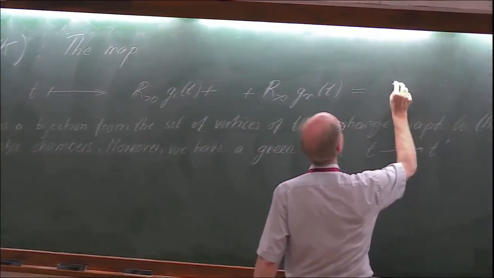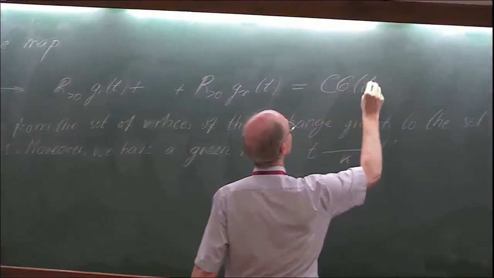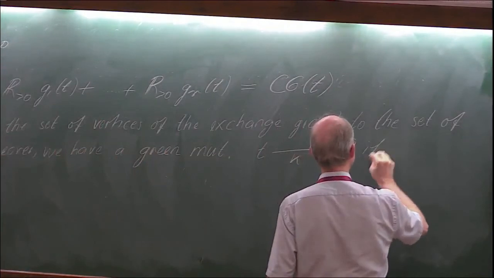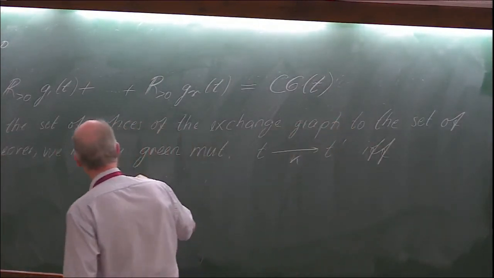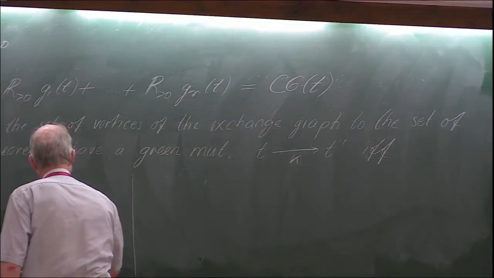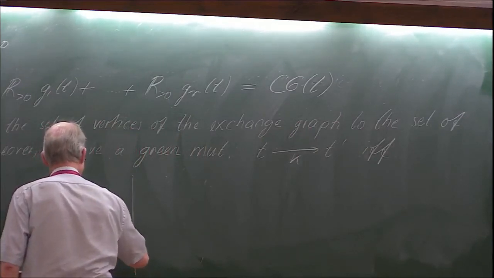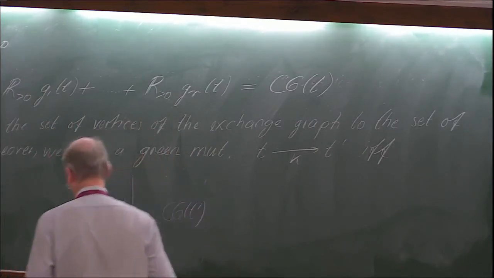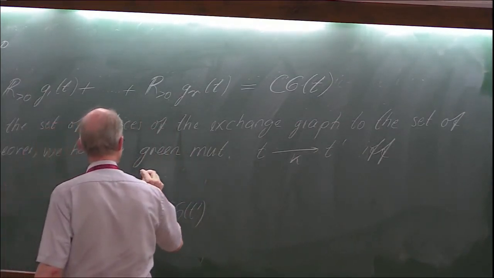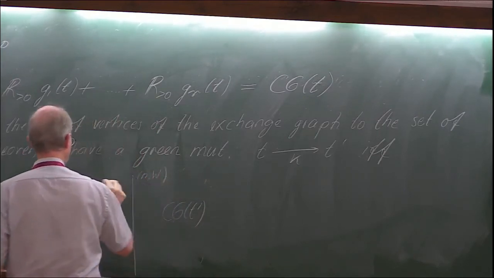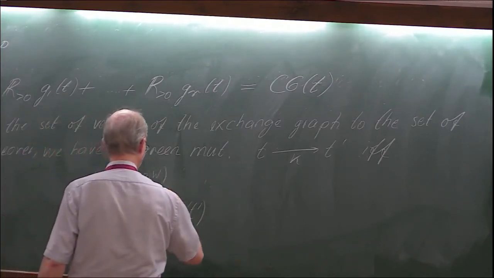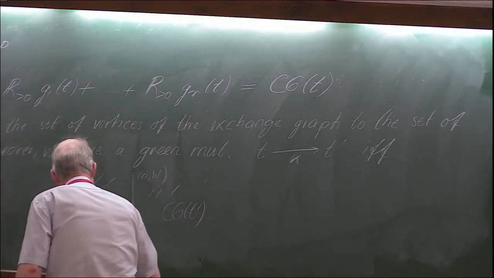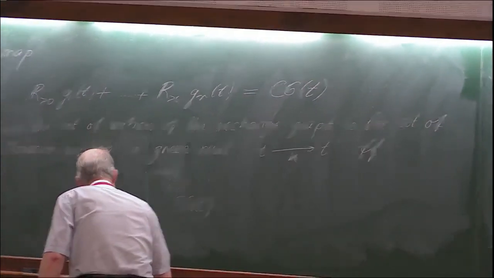Let's call this the cone of G vectors associated with T. We have such a green mutation if and only if the two chambers share a wall, and we pass from T to T' by passing from the green side to the red side.